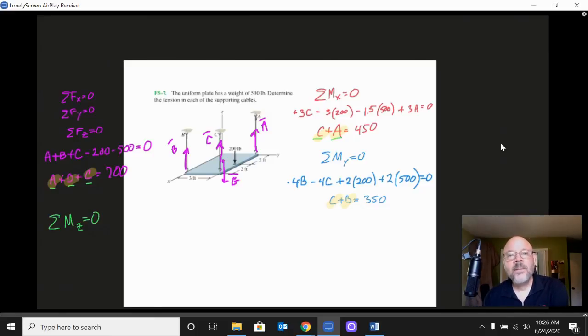So learn how to do that on your calculator. Learn how to do it on Wolfram Alpha. I showed you how to do that one day. Learn how to do it on Calculator Infinity, if you're using that. But figure out some way where you can put in 3 variables and 3 equations and press a button and the answer comes out.